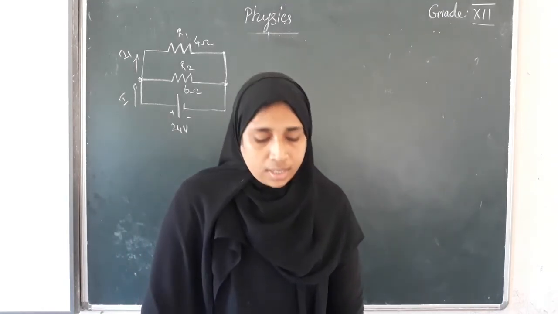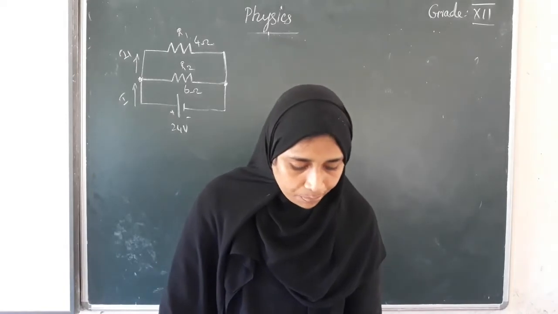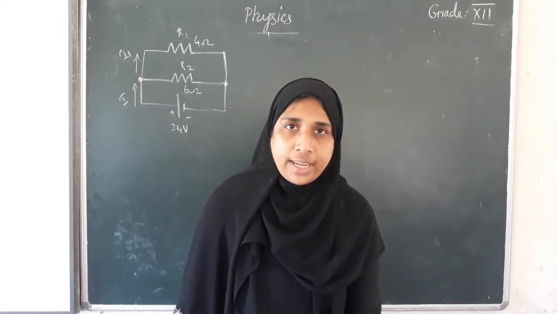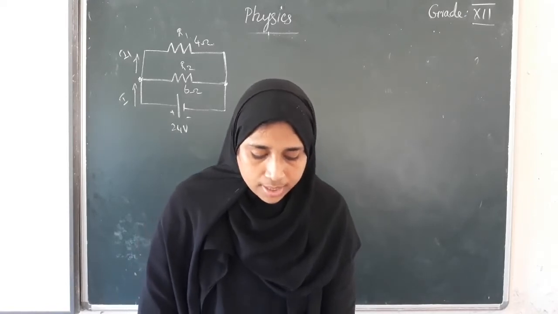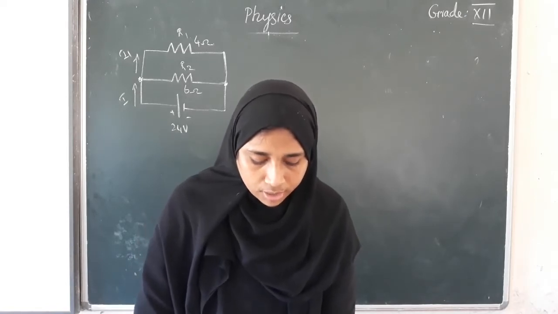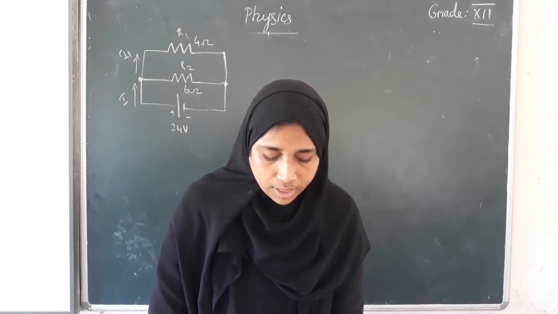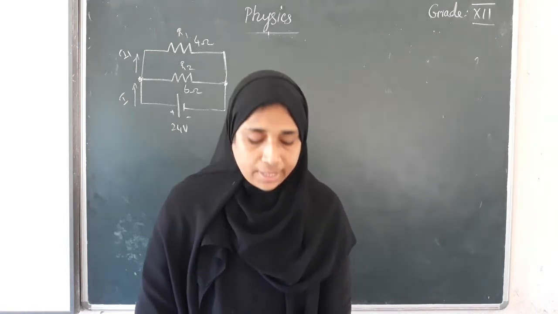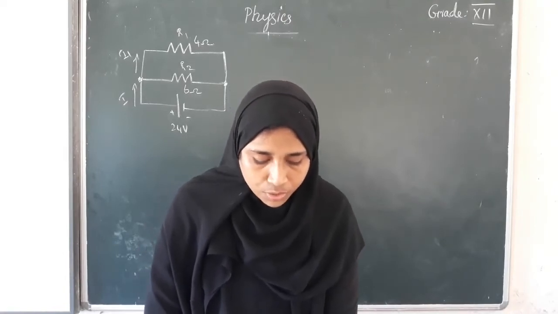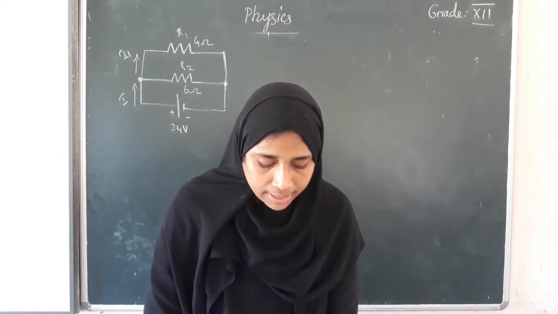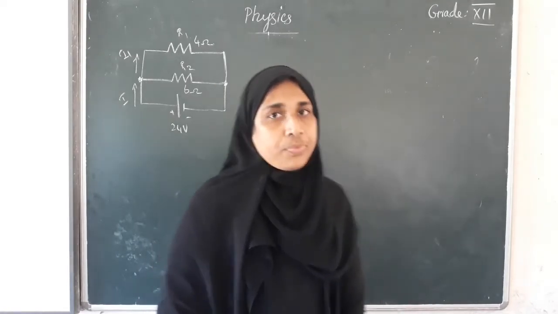Let's see the problem related to this topic. Example 2.9. Calculate the equivalent resistance in the following circuit and also find the currents I1 and I2 in the given circuit.